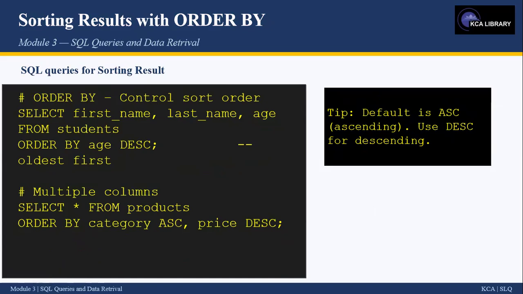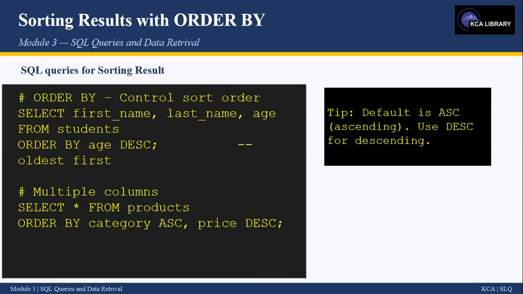Sorting results with ORDER BY. To control the order of your results, use ORDER BY. SELECT first_name, last_name, age FROM students ORDER BY age DESC, that is, oldest first.